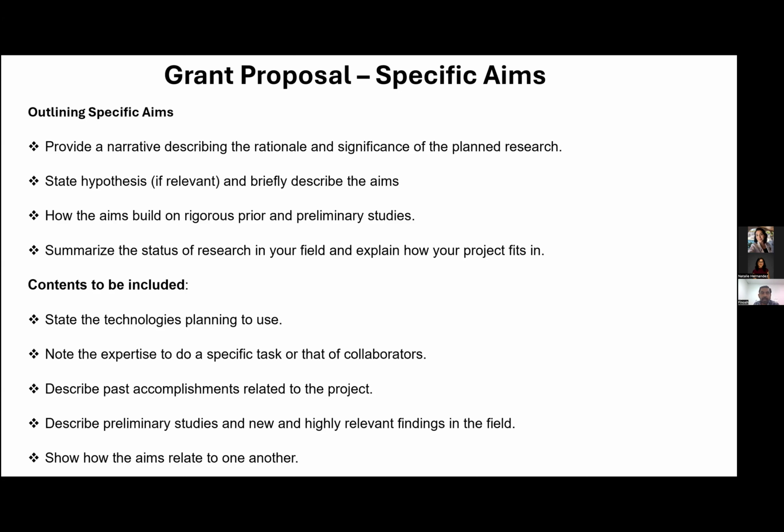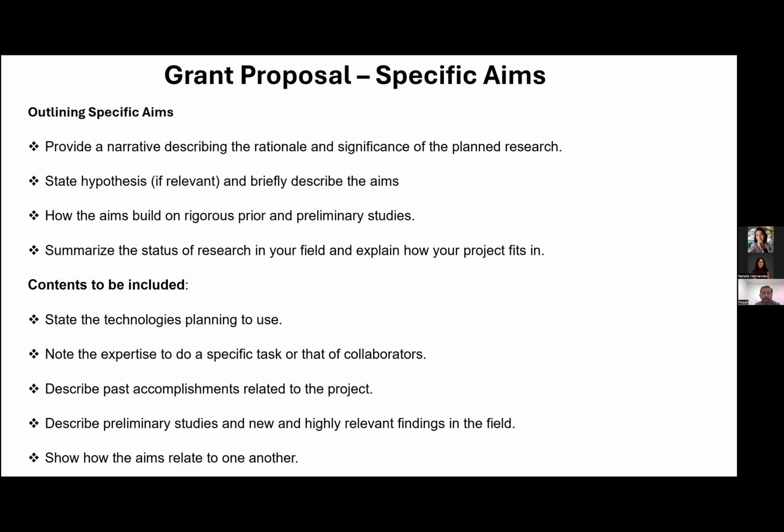Now the major contents to be included. If you use any specific technology, you definitely need to project it. Then the collaborators and their tasks. For example, if I am doing single cell genomics, I'll be collaborating with someone at CHLA. Whenever I mention this experiment, I need to mention that these experiments will be performed in collaboration with so and so, and he will be doing so and so.